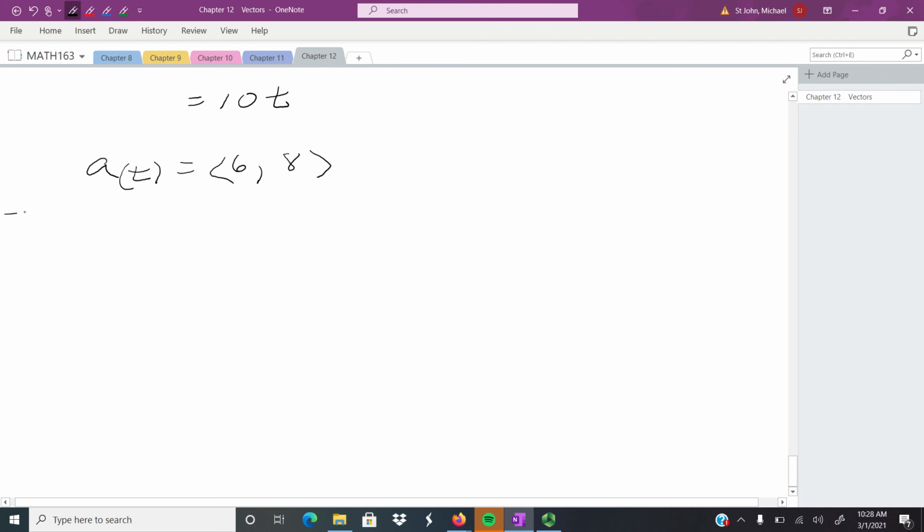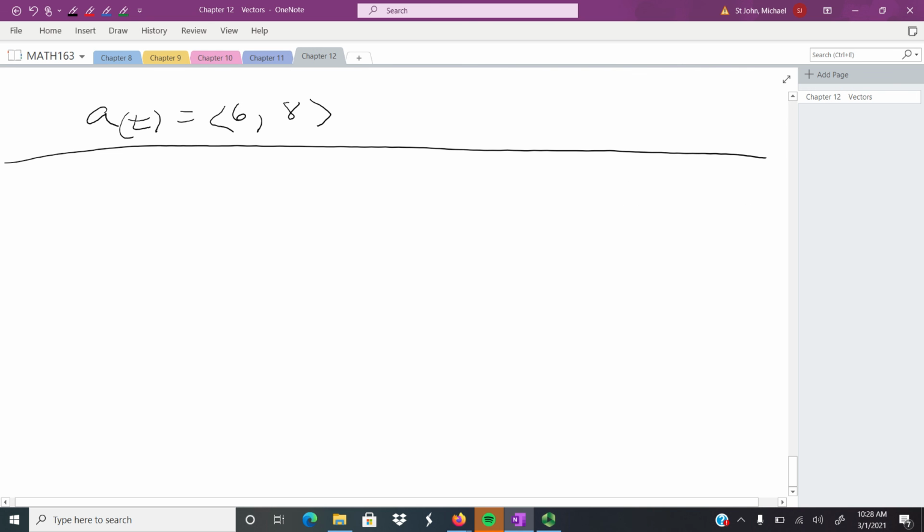All right. So then we get to arc length of a vector function.